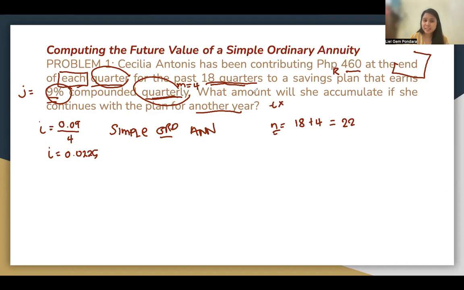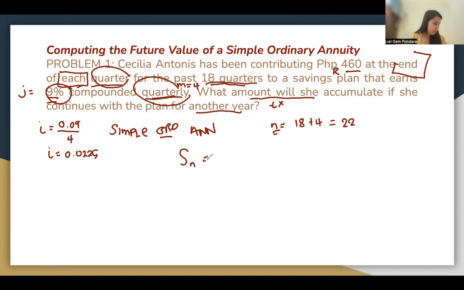The question is, what amount will she accumulate if she continues with the plan for another year? It means that the person is saving, and then how much will be? That is a future tense, right? So we're looking for the future amount, the future value of the simple ordinary annuity.